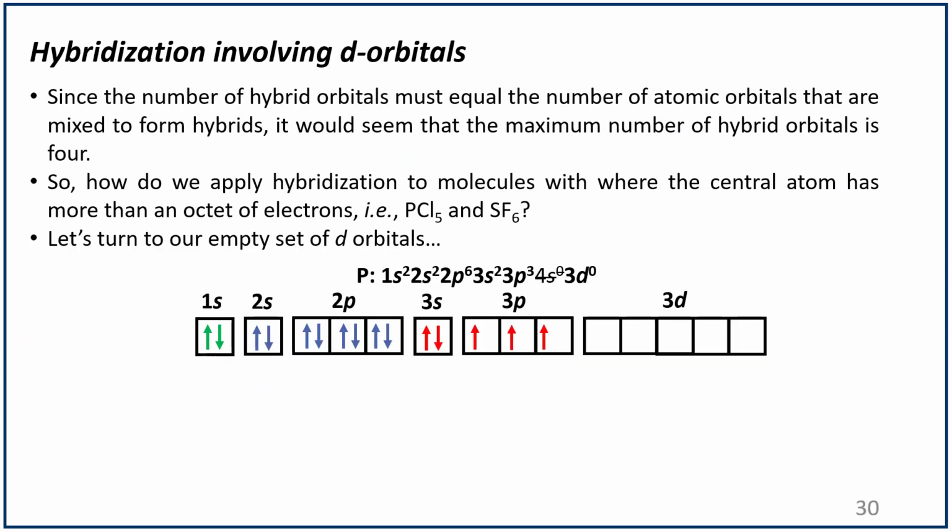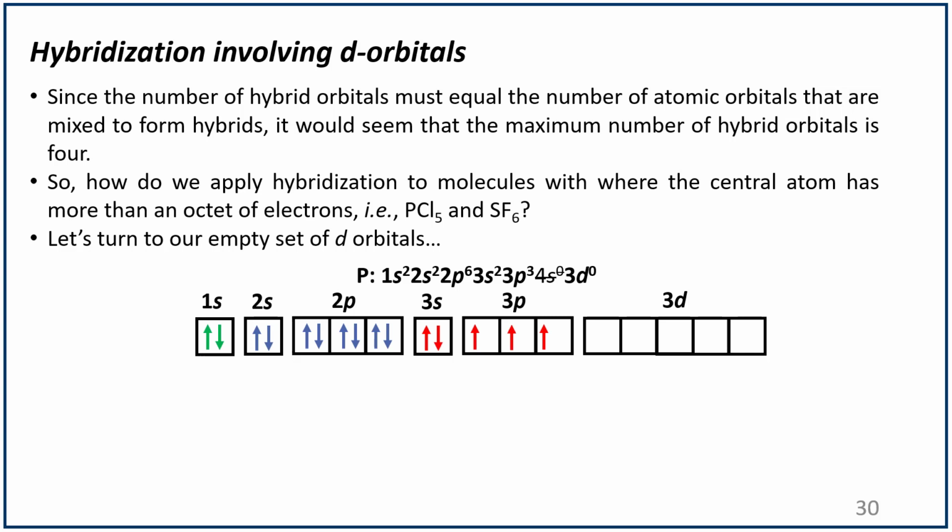So now, if you have, for example, atoms which violate the octet rule, such as phosphorus in phosphorus pentafluoride, or sulfur in sulfur hexafluoride, pretty much we are now at the 3s and 3p orbitals in terms of valence shell. Okay.